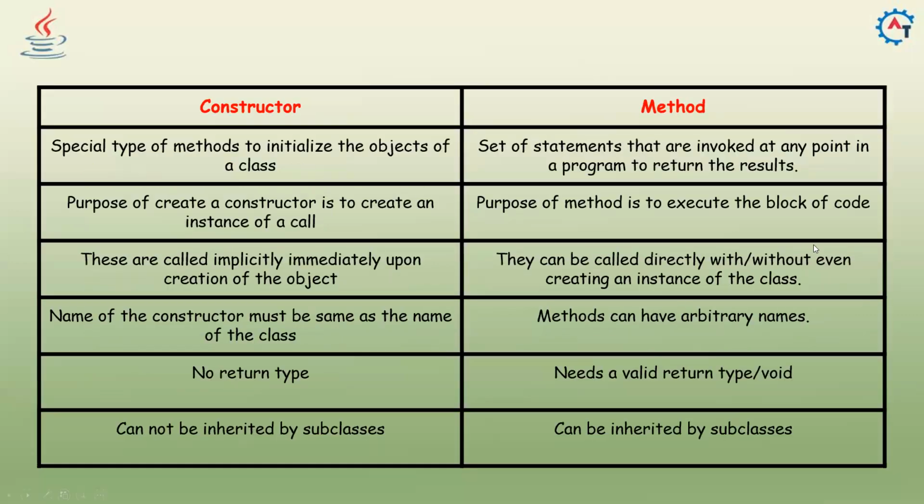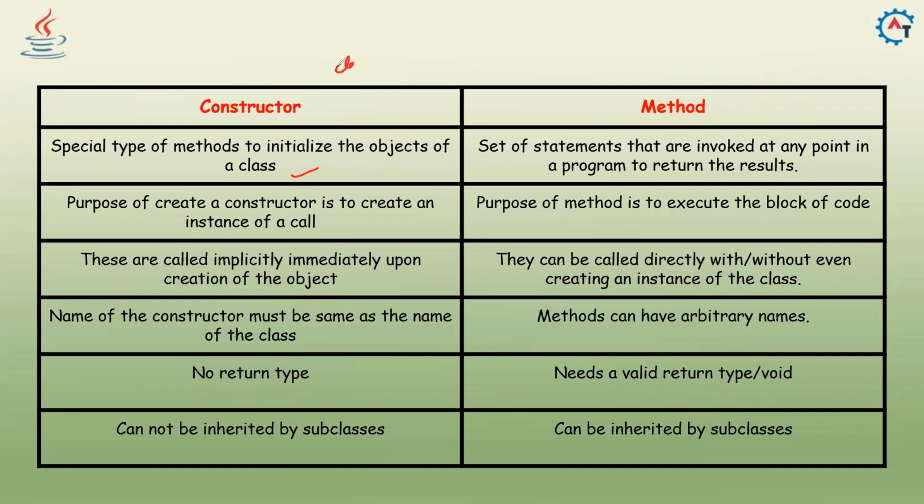Here I have made a difference between constructor and method, so it will be very clear for you. A constructor is a special type of method to initialize the objects of a class. To initialize the object of the class, you will use a constructor.